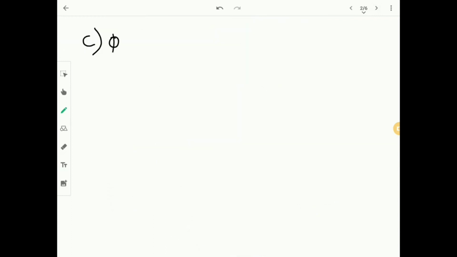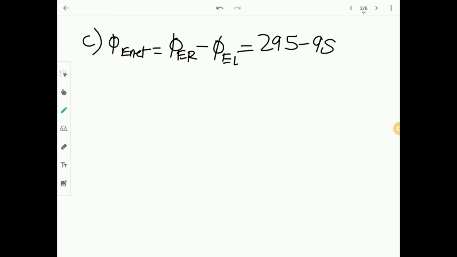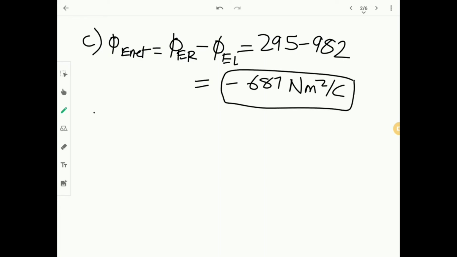So the net flux is equal to the flux to the right minus the flux to the left, which is 295 minus 982, which is minus 687 Newton meter squared per coulomb, and that's the net flux.